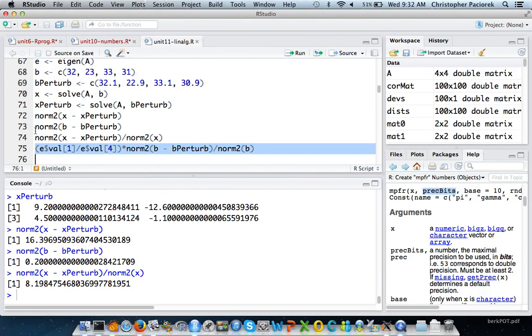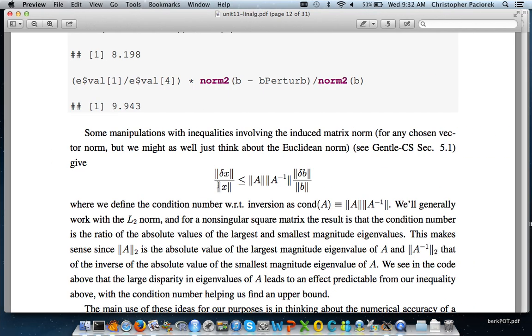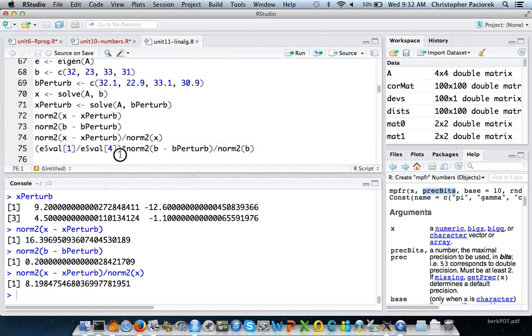And so what this is right here, this is the length of delta x divided by the length of x. And in our little rule of thumb here, we said that was less than or equal to this condition number times that ratio of the lengths of the B pieces related to B. So that's what I'm doing here.